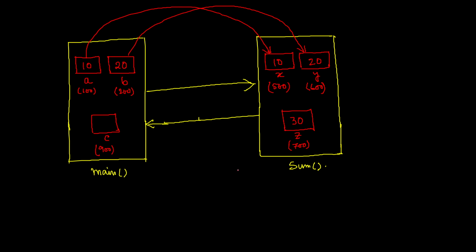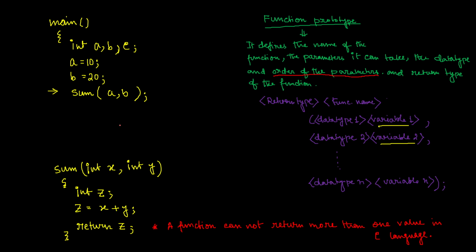But how will the result get copied? I have written this, but I have not used this variable c anywhere at the time of calling, so that the compiler understands exactly that in variable c it has to return. Because there is another option also. I can return in b also, in a also, whatever.